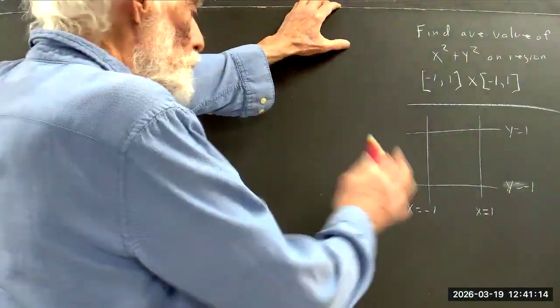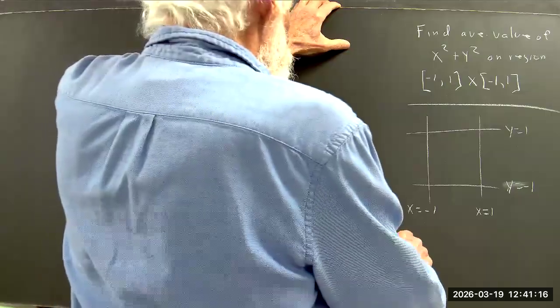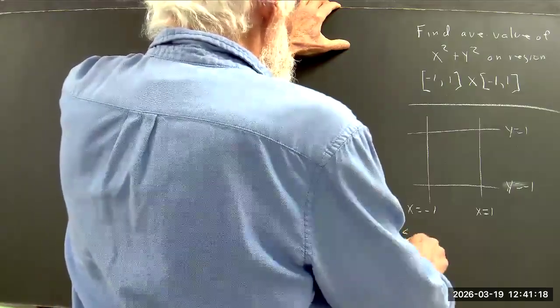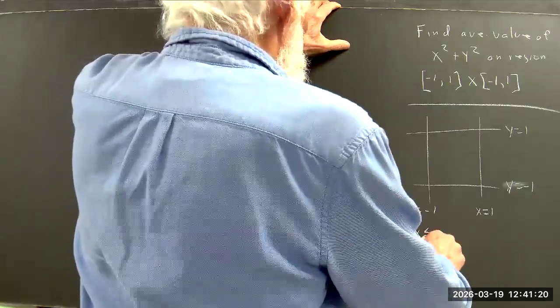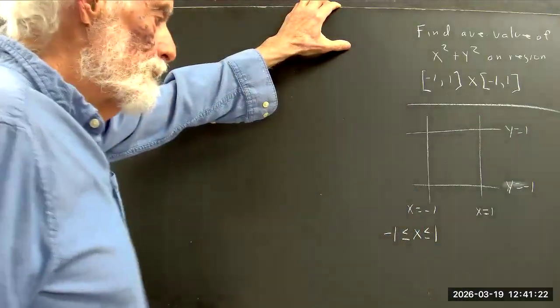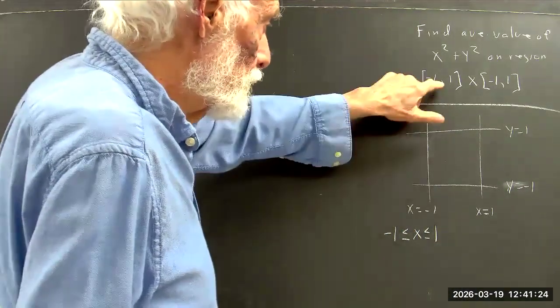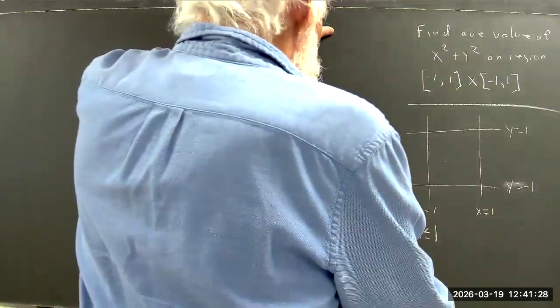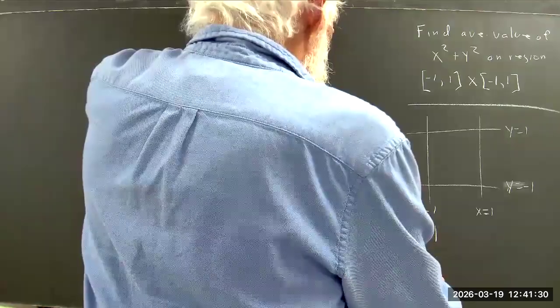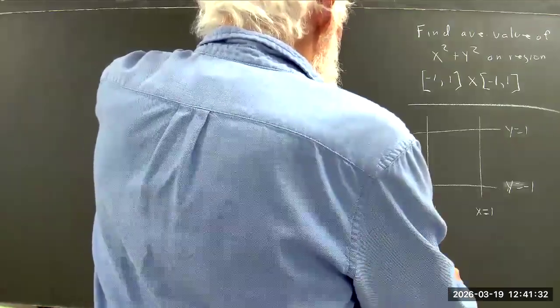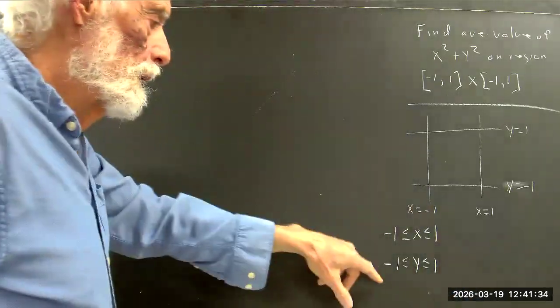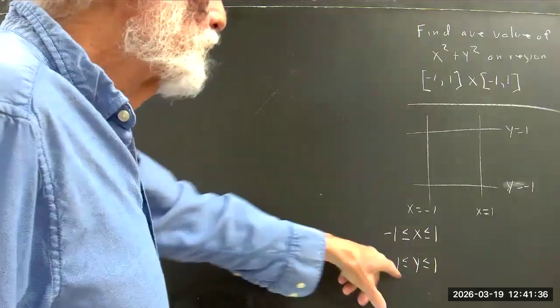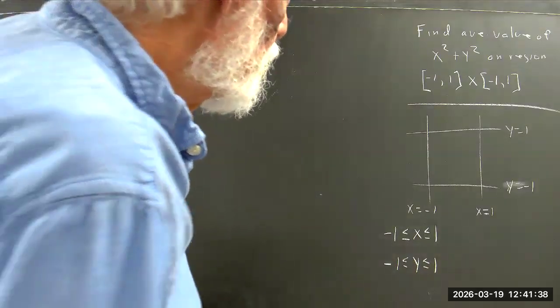First of all, we can describe this region by inequalities. X is between -1 and 1, which is just equivalent to floating this interval. And y between -1 and 1.